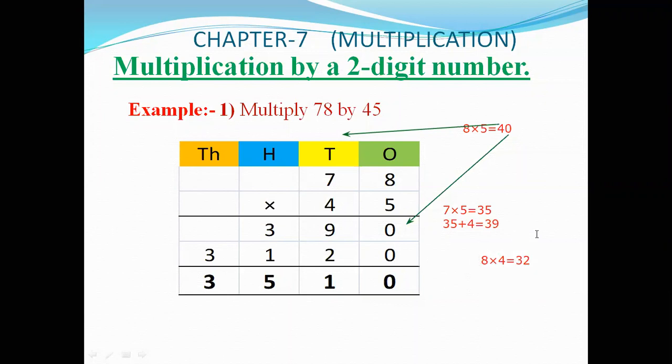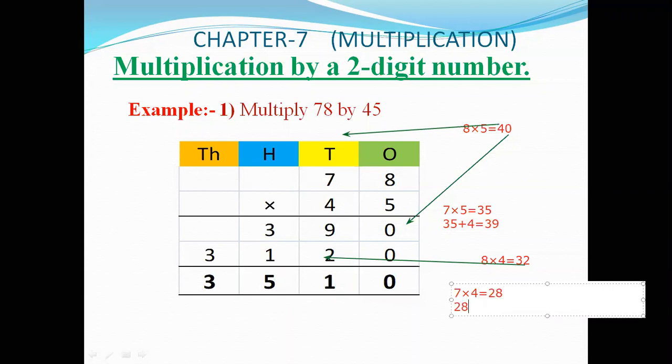Now we write this 2 under the tens column, and 3 is the carry over digit. Now we multiply 4 by 7. 7 multiplied by 4, we get 28.